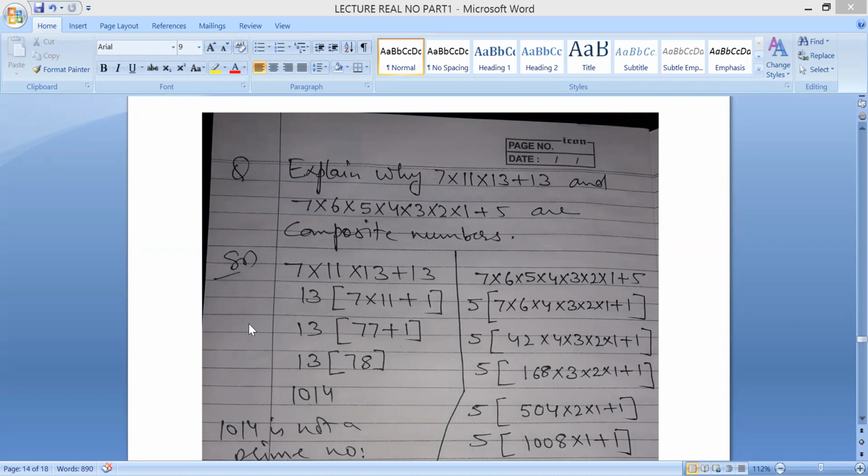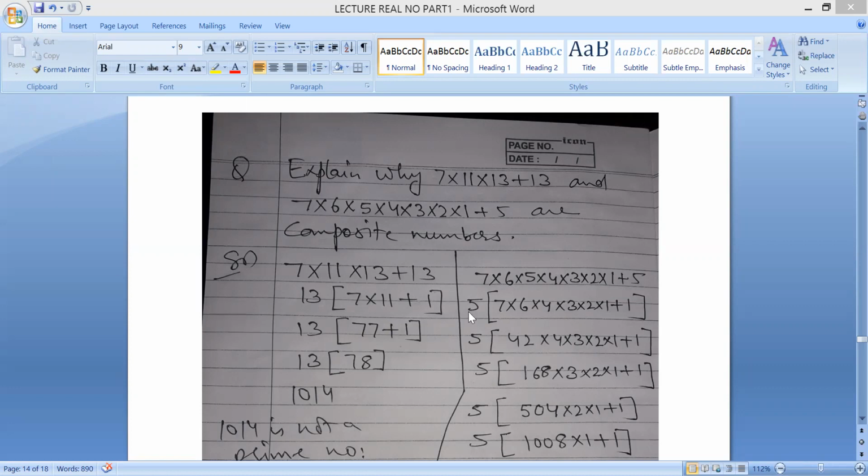Another question is also there: 7 into 6 into 5 into 4 into 3 into 2 into 1 plus 5. Now here what you have to do? You have to take 5 common. So again, the first step is taking 5 as common.